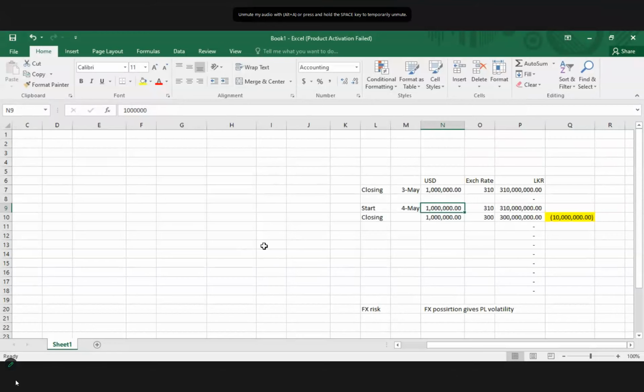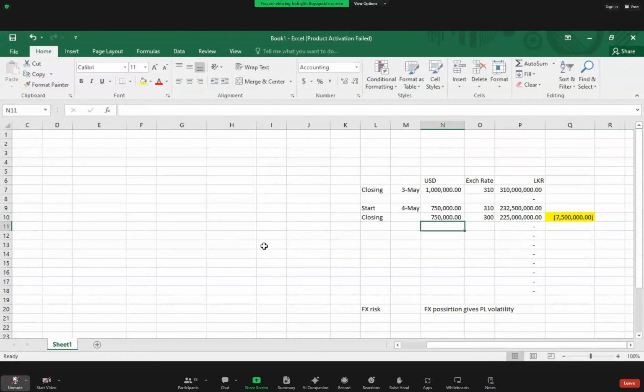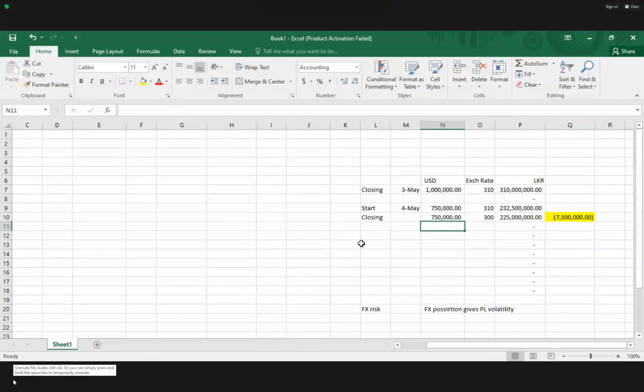Doesn't matter. So if you basically bring it down to 750,000 rupees, what happens? Now you have come down to 7.5 million rupees of loss.